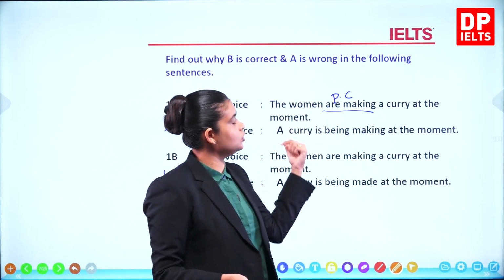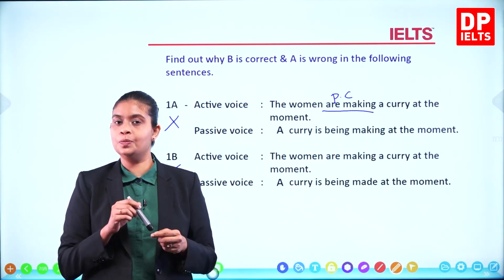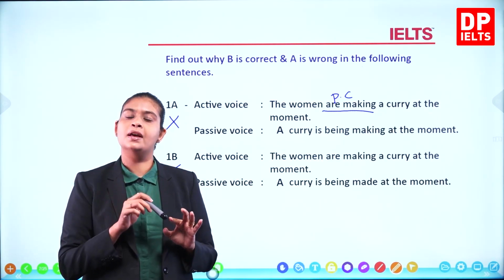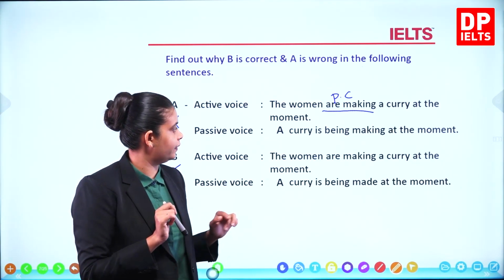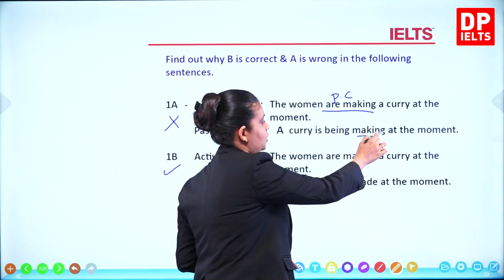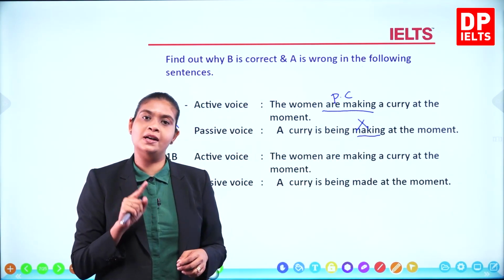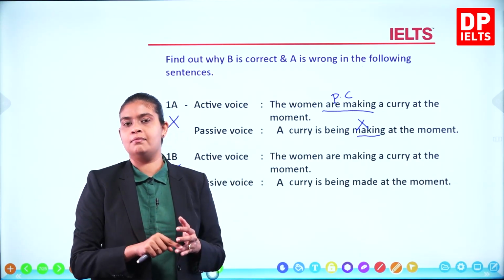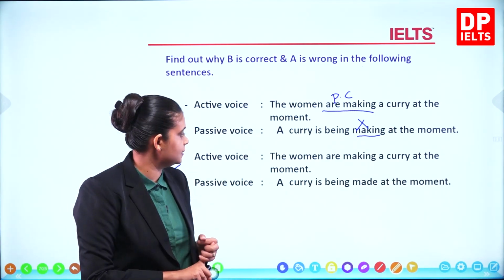So when you're changing the present continuous tense into passive voice, it should be the be verb plus being plus the past participle of the verb, right? So a curry is being making. Now, can you say making? No, because it needs to be the past participle of make: made, made. So made is the past participle, right?